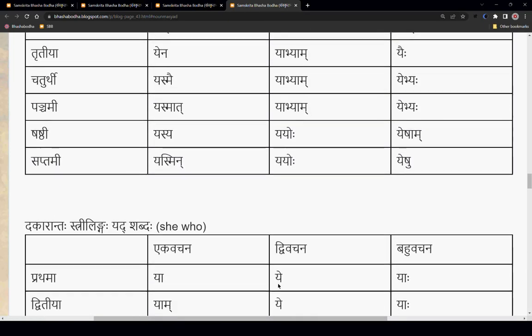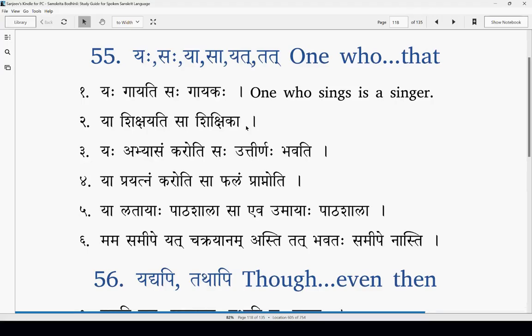Because these are visheshanam and also sarvanama, these are all sarvanama, because sarvanama is pronoun. For example, when we say balakah asti, what are pronouns? Sarvanama, because they can be substituted for some other noun in a sentence, depending on the context.